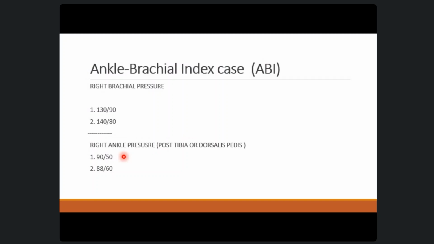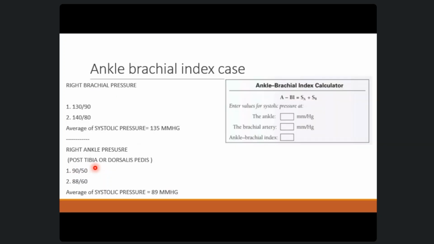So what average? You should use the systolic pressure. What is the systolic here? 130 or 90? Okay, 130. So, 130 plus 140 divided by 2. And the other one, 90 plus 88 divided by 2. This is just a sample.